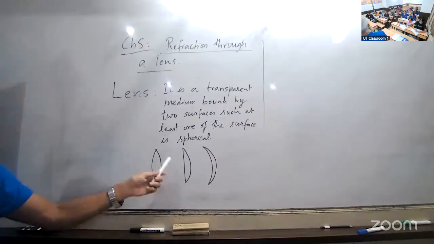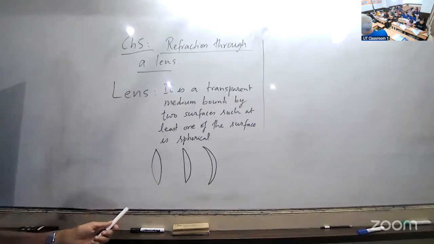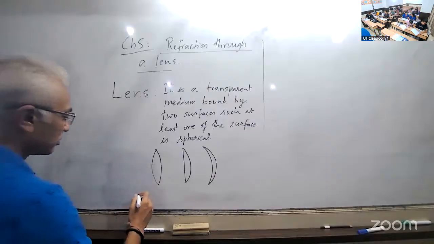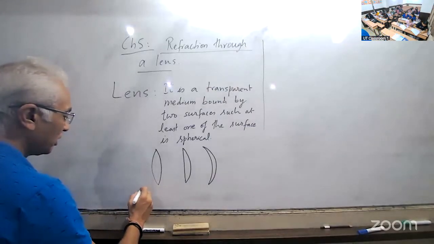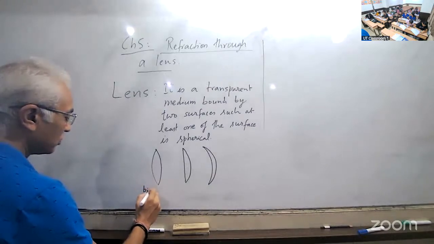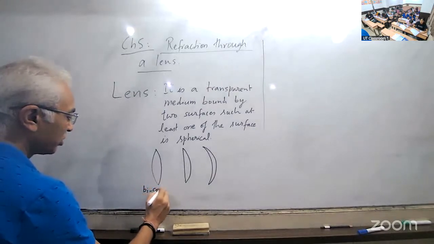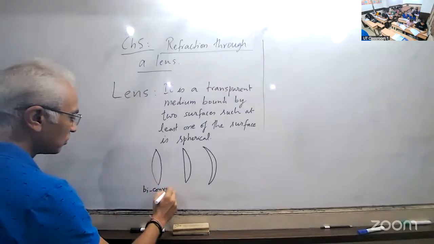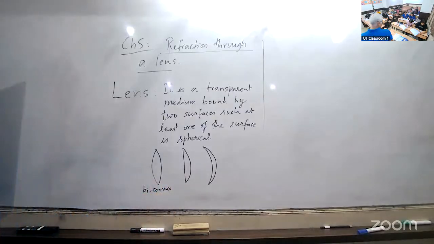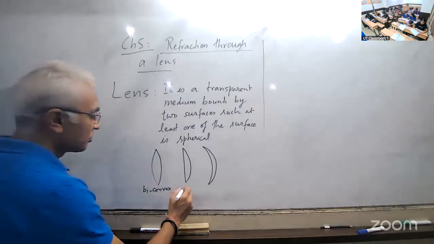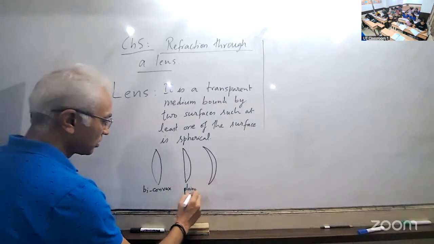Okay. So when both the surfaces are convex, then it is called biconvex, or equiconvex. This is planoconvex.